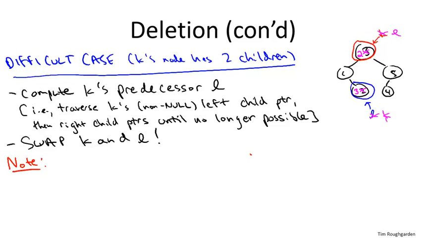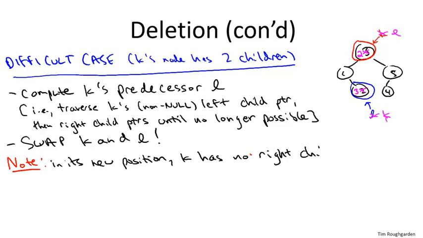Once we swap k into l's old position, k now does not have a right child. It may or may not have a left child. In the example on the right, it does not have a left child either in its new position, but in general, it might have a left child. But it definitely doesn't have a right child because that was a position at which a maximum computation got stuck.